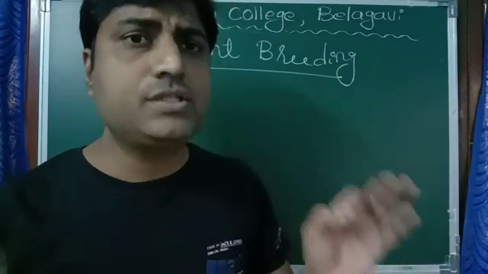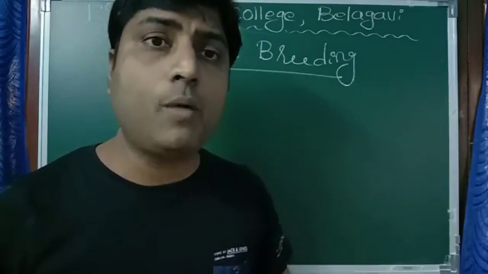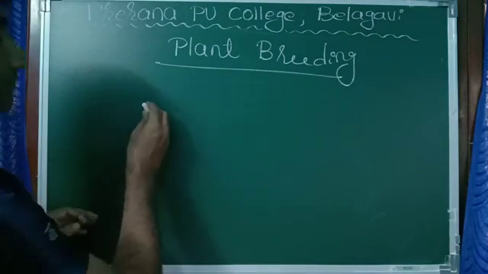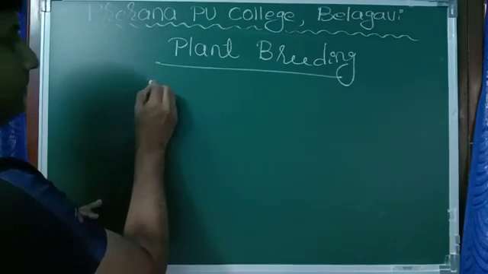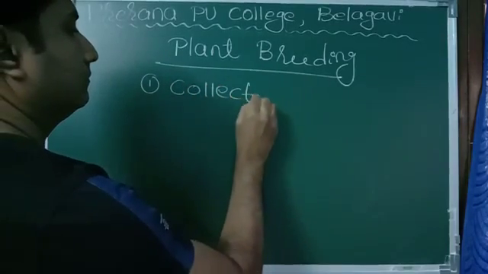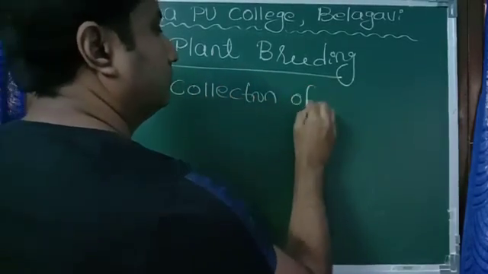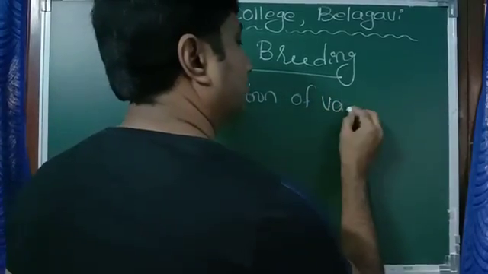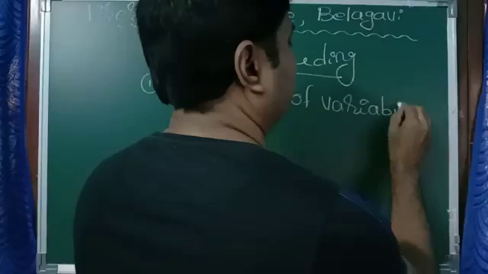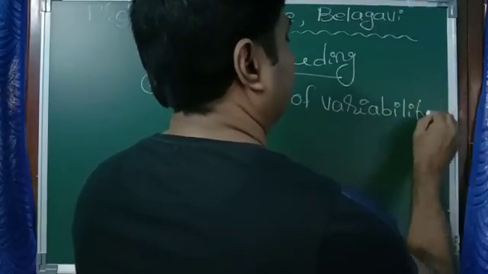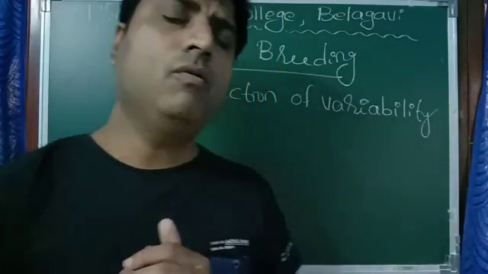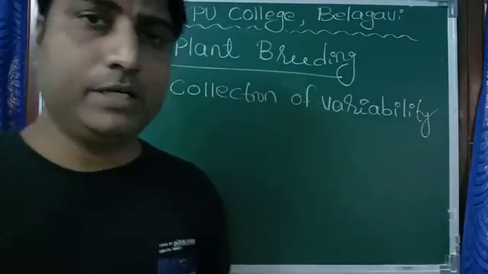The first step is collection of variability. Now, what is collection of variability?